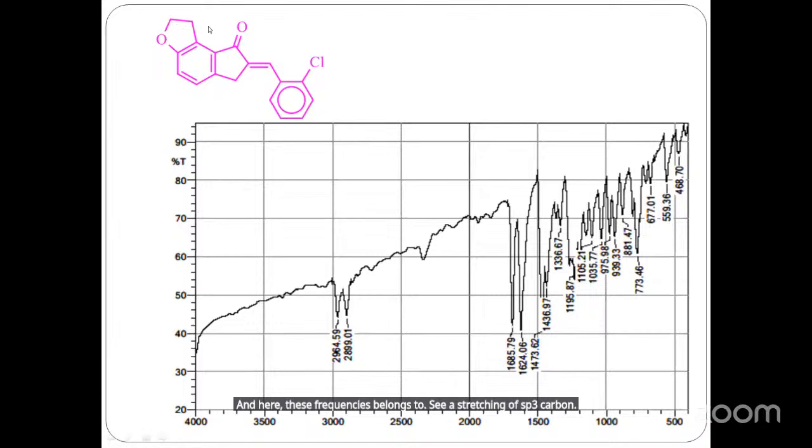We have here this dihydrofuran ring. It has sp3 CH bonds, so these frequencies are due to CH stretching vibrations. And 1685 is due to carbonyl stretching of this ketone group. You can see this band which I am pointing out using the cursor.